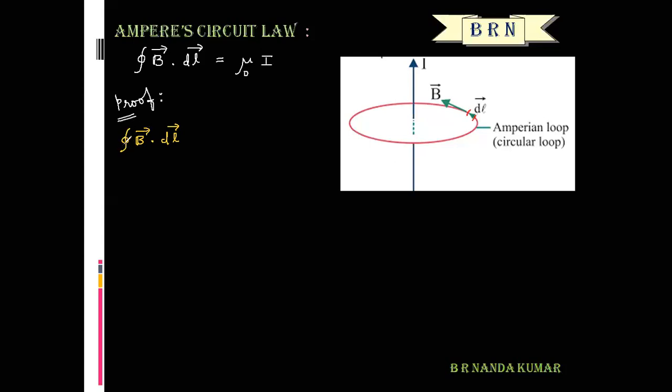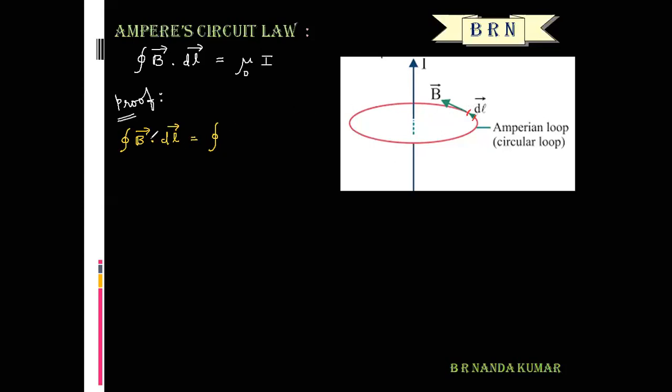So the line integral of magnetic field around any closed circuit is equal to the integration of B vector dot dl vector. Here the B vector is tangential to the circular path, and the dl vector is also tangential to the circular path.